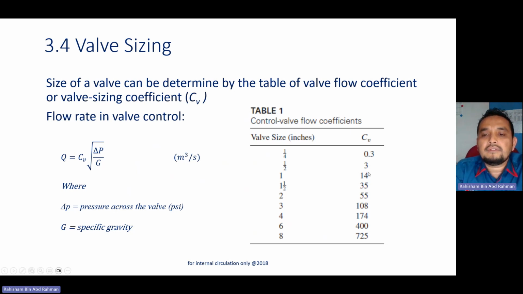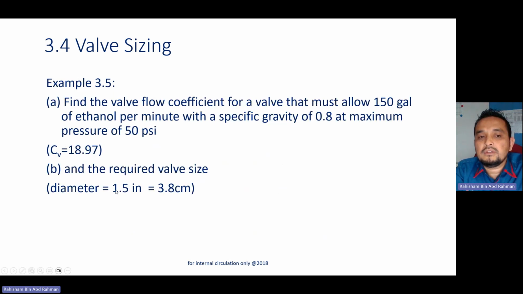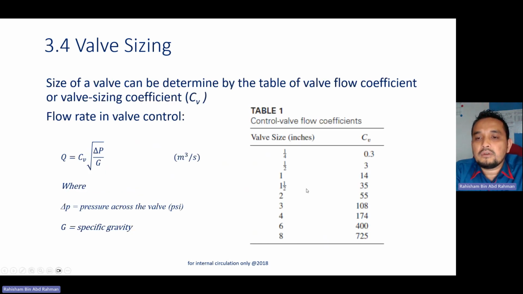So definitely we need to choose the larger one. So the next one we're going to use is the 1.5 inch valve size, or 3.8 centimeters. That is how you decide whether to choose 1 inch or 1.5, 2 versus 3.